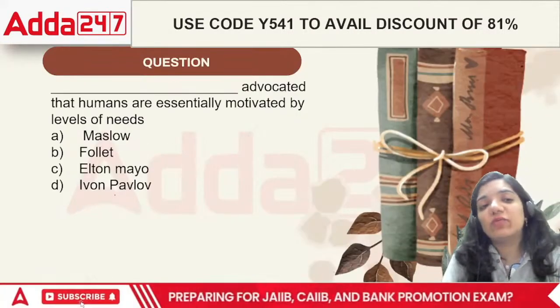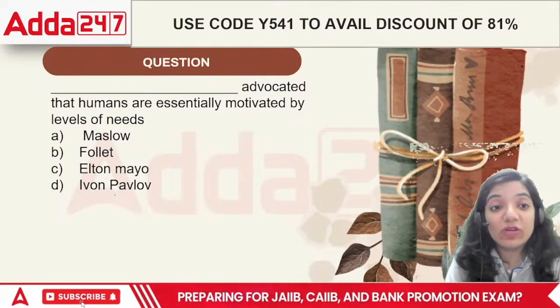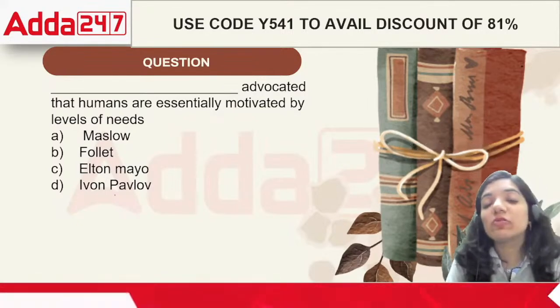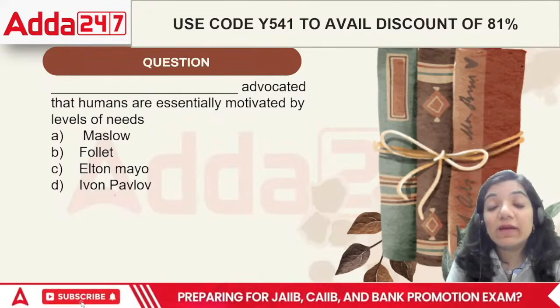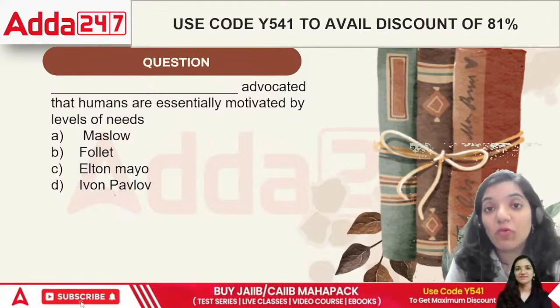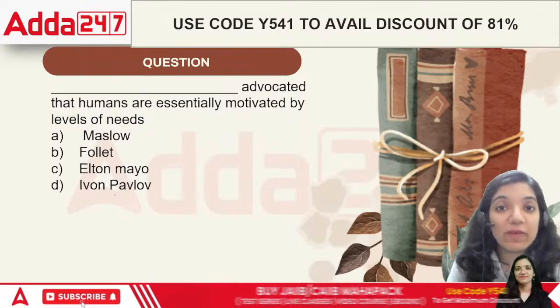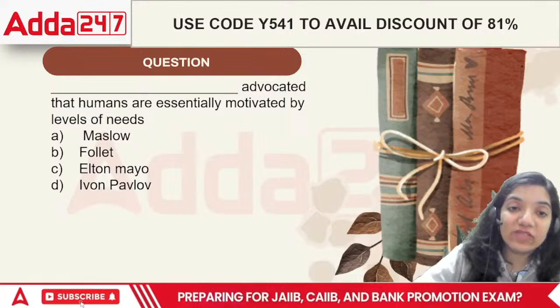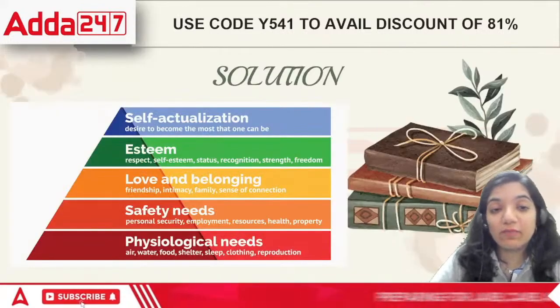Then, who advocated that humans are essentially motivated by levels of needs: Maslow, Follett, Elton Mayo, or Ivan Pavlov? If I talk about all these people, the point is there is something called need hierarchy theory of motivation. This theory was given by Abraham Maslow. According to him, whenever we have some kind of motivation, we do not get it blindly.